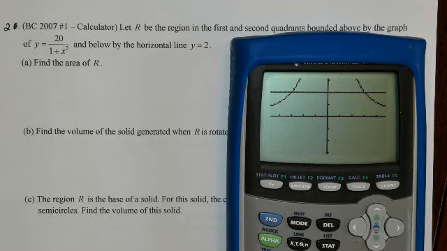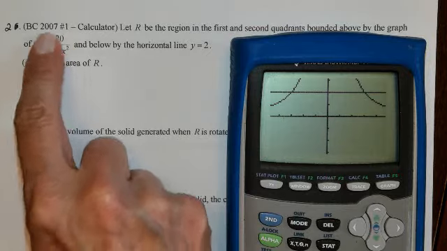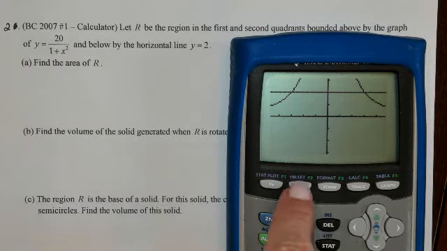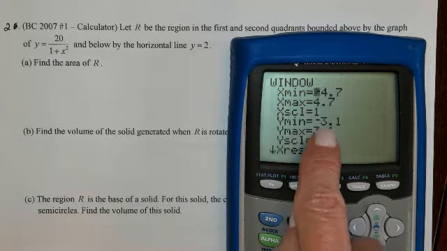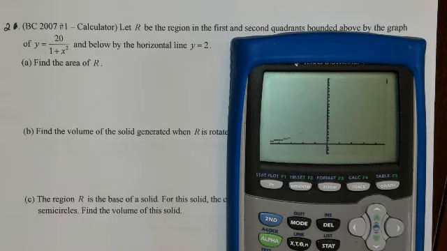Okay, well, I need to see what's happening above that. Do you agree? So when x is 0, what is y? 20. So on my window, I'm going to come down and do my y max at 20. Or maybe 21, just to see a little bit above that y max. Okay, that's better. Now I get a clearer picture of what's going on.